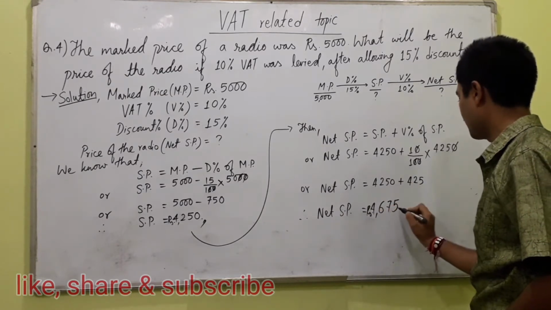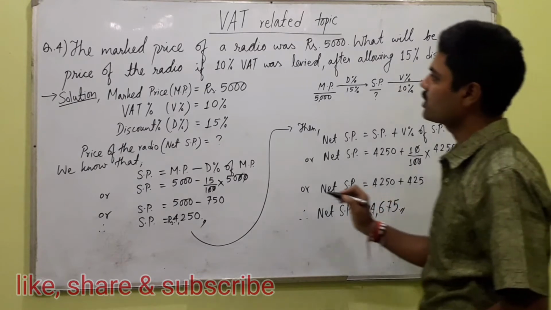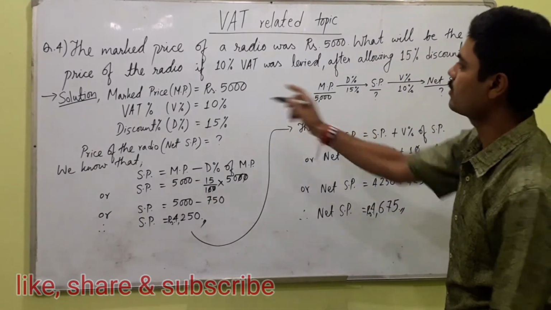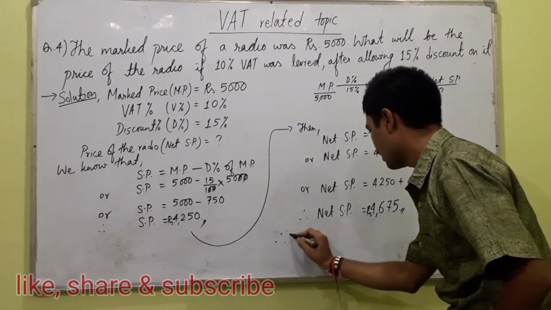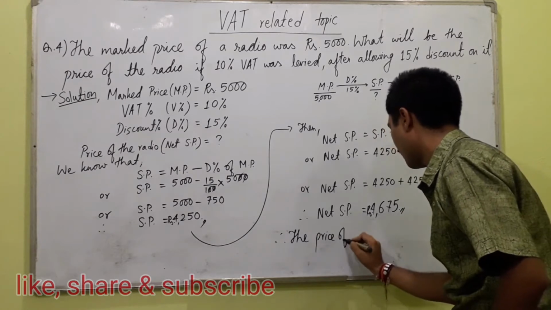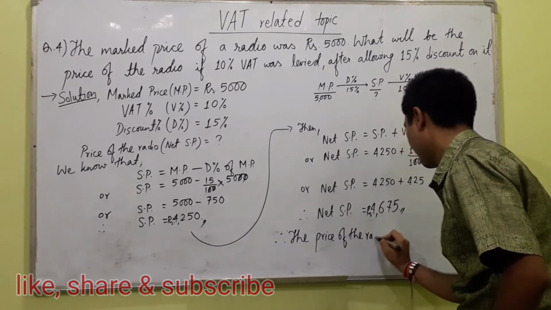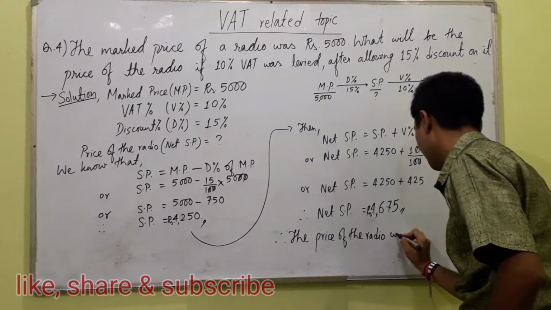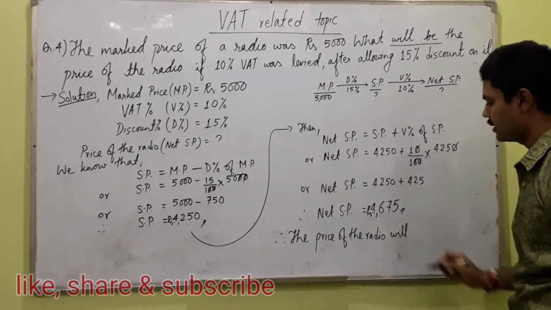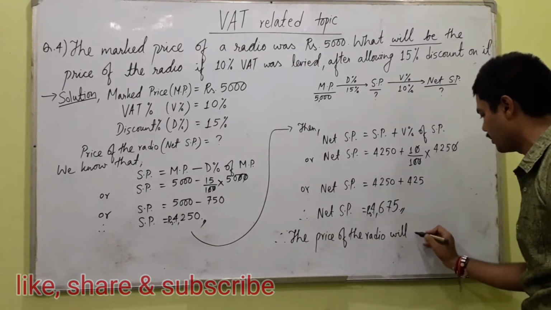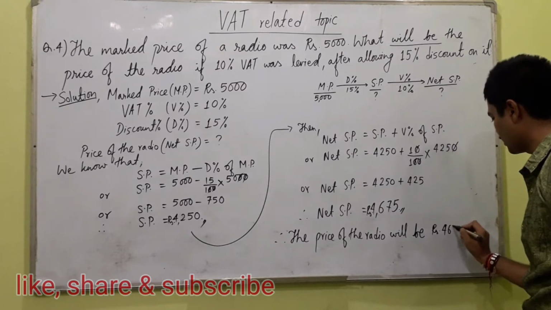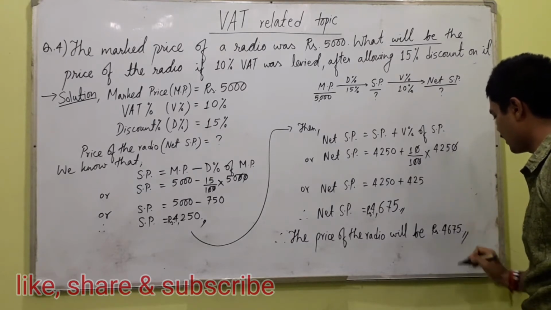And you can write a conclusion statement as for the question, what will be the price of the radio? Therefore the price of the radio will be, because the question is asked in the future tense, you can write in the future tense, the price of the radio will be rupees 4,675.